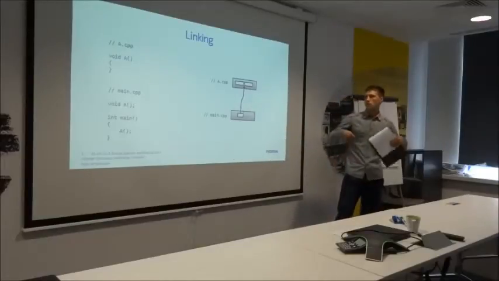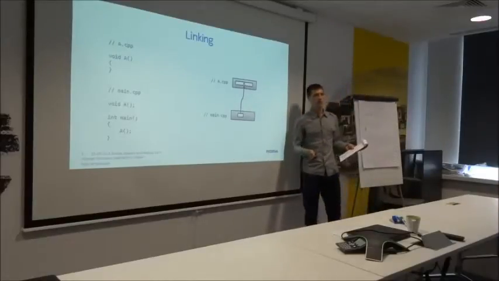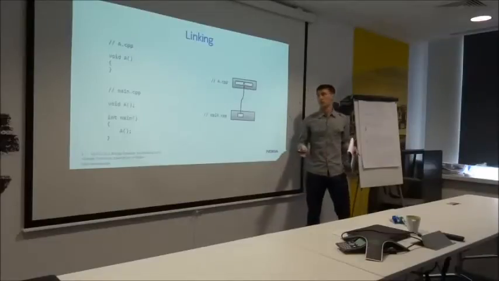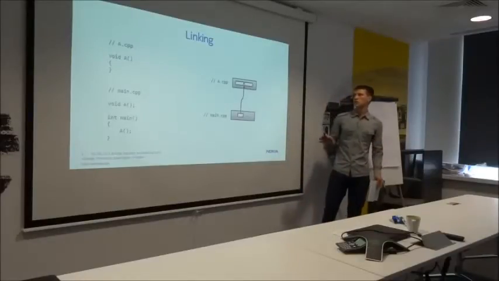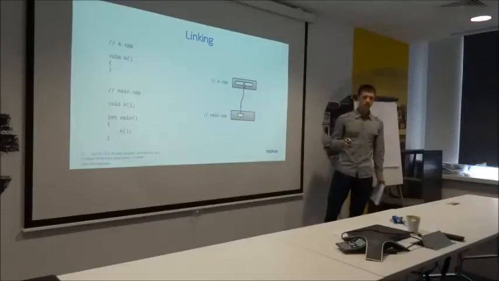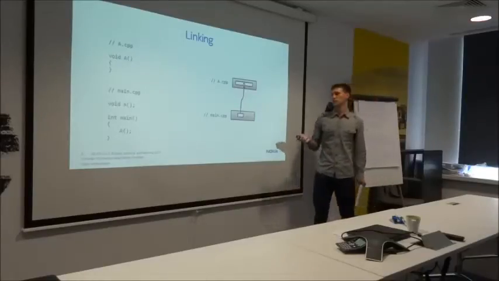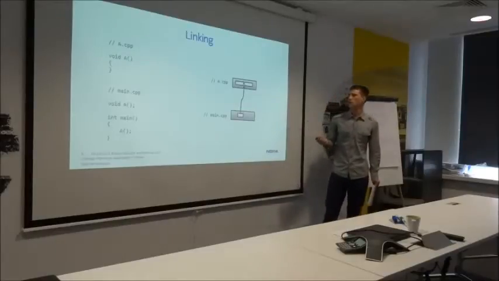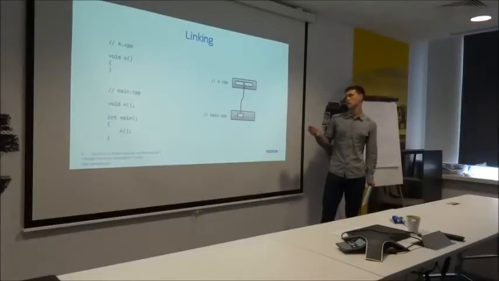So I just want to describe the work of the linker from the other side. In simple words, the linker tries to build some kind of a bridge between different object files, like here, this arrow is some kind of a bridge.